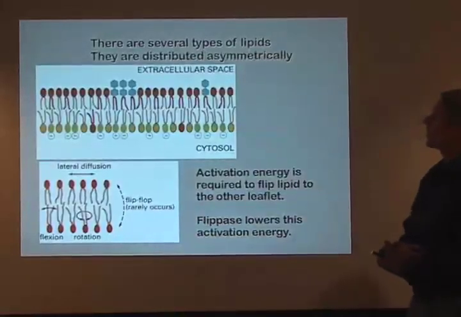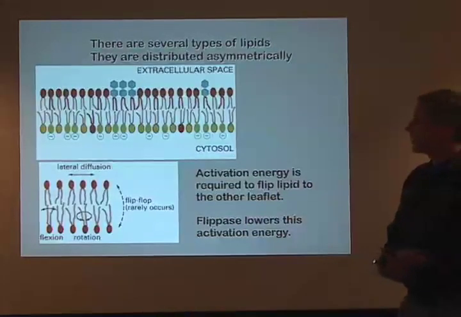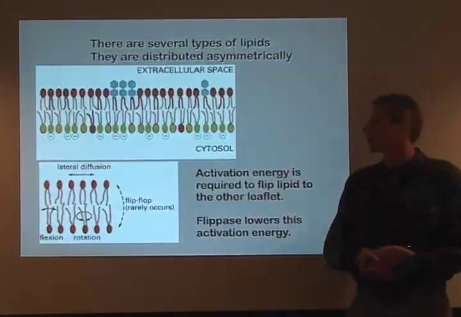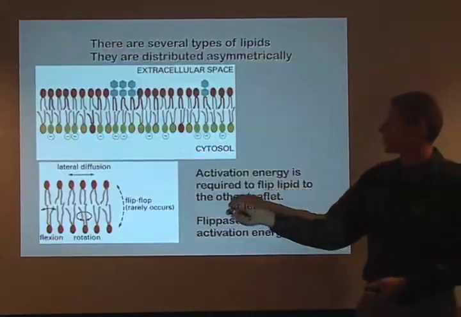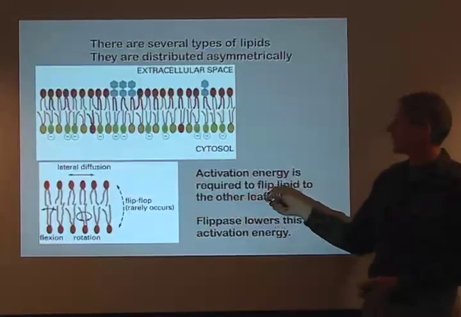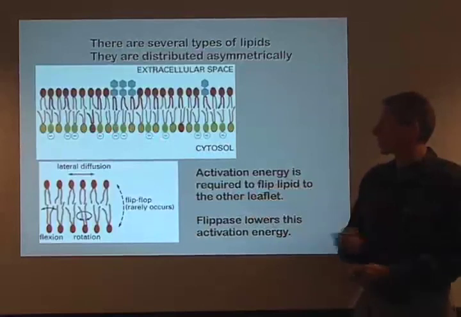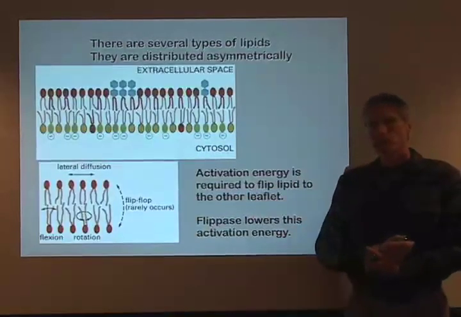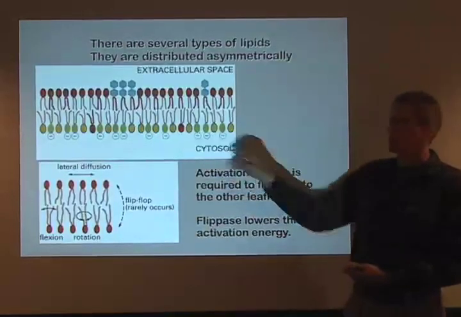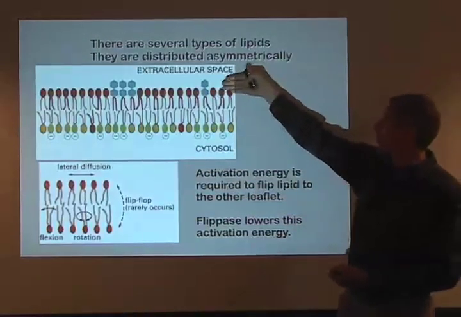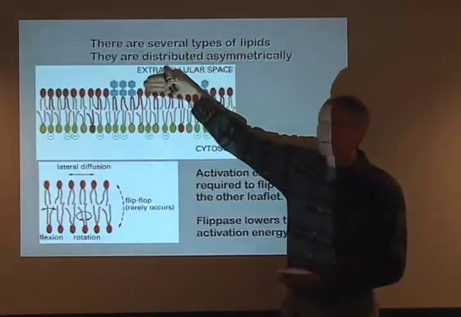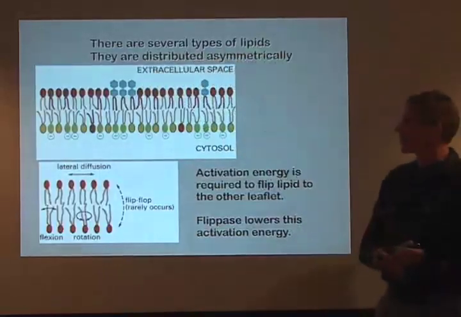There are many different kinds of lipids, and they're distributed asymmetrically in the cell. So for example, in the cytoplasm, lipids that have negative charges prefer to be on the inner leaflet towards the cytosol, whereas the extracellular space, you don't find those. What you do find is lipids with carbohydrate or sugar molecules on them.